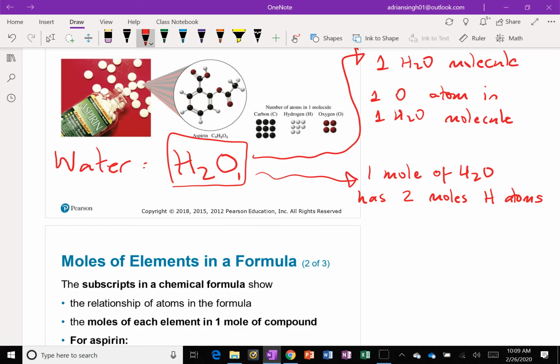So for every mole of H2O, you have 2 moles of H. We can set it up as an equality: 1 mole of H2O has 2 moles of hydrogen atoms.